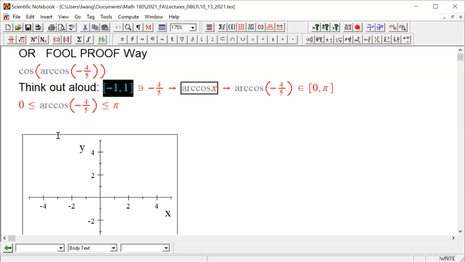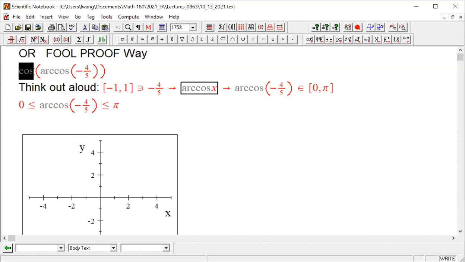So I will tell you what's going through my mind. A couple of things I check. Is this in the domain? Yes. If it is in the domain, what to expect? This is what's expected, the algebraic form.